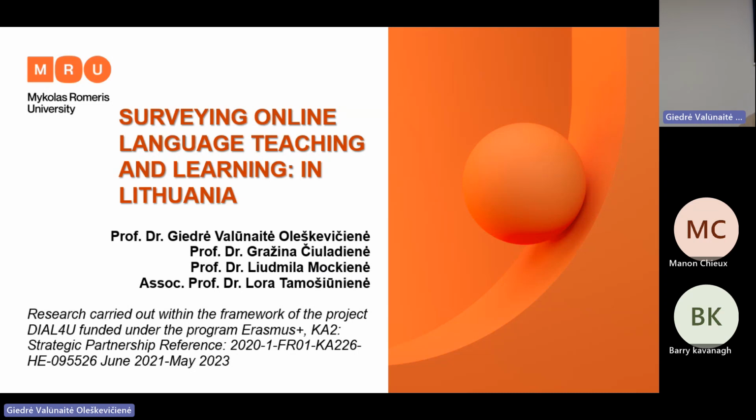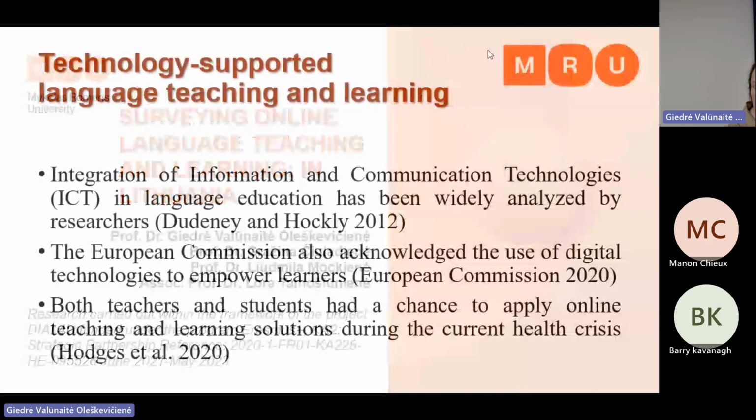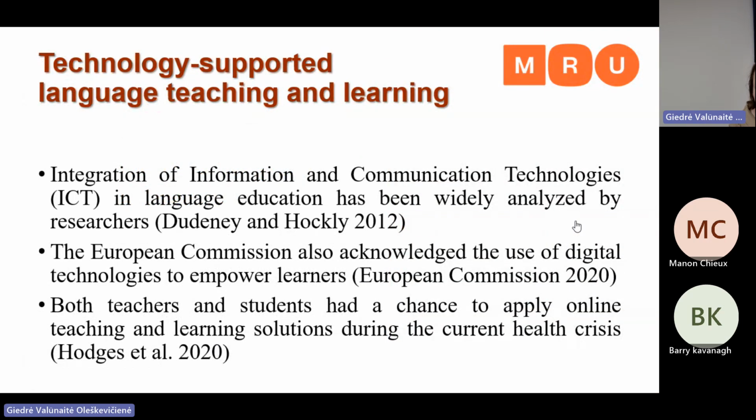And also we were using one part of the project's intellectual output, the tools Dial for You, which was created in 2022. So in the middle of the project, the questionnaire and part of the data from the questionnaire that we could share.